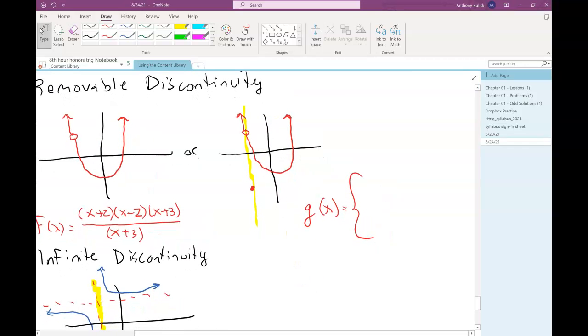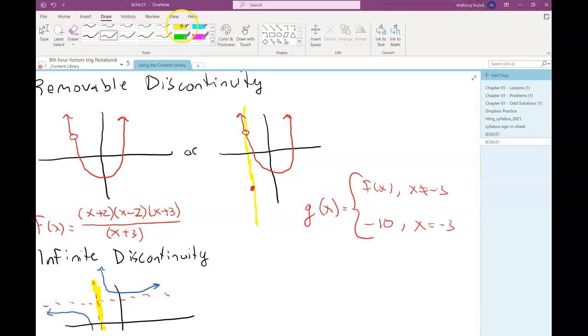But a piecewise function, you write this way and you say, okay, for this part of the domain we do something, and then we do this for another part of the domain, and you can have as many pieces as you want.